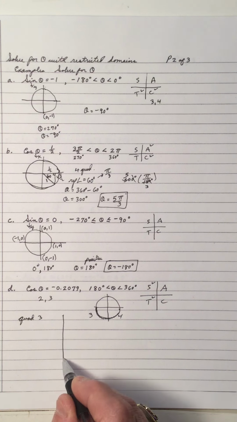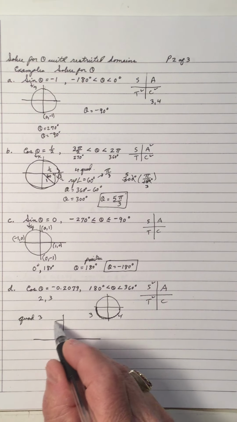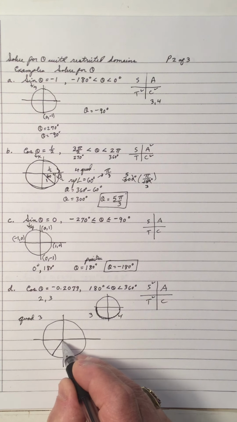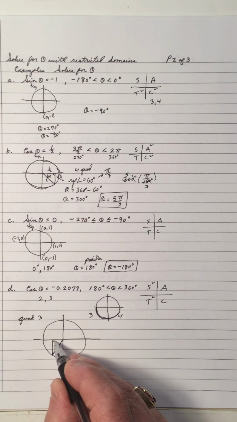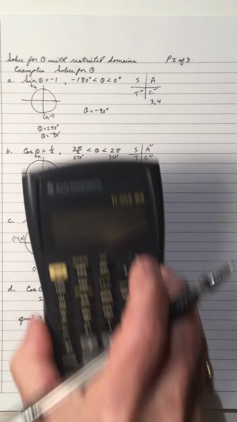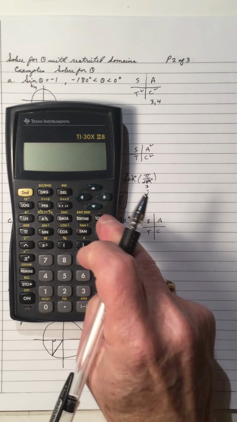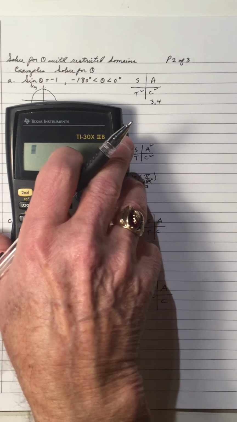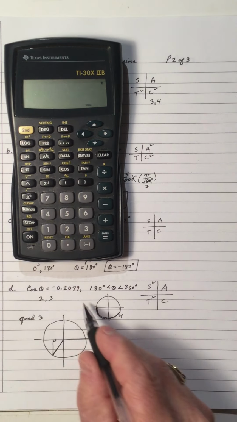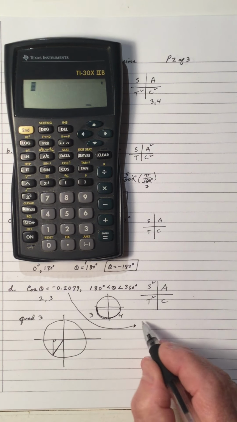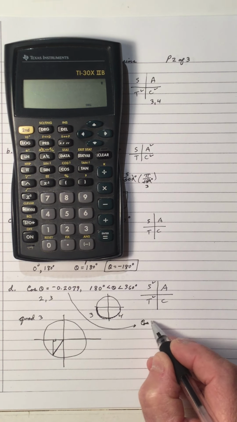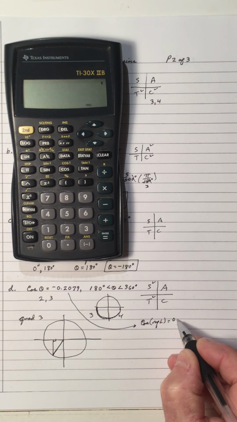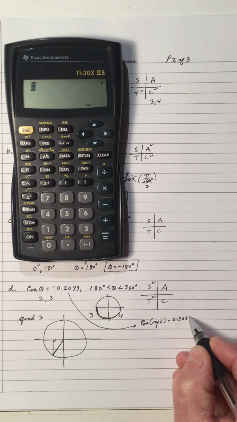So let's draw the circle, and we're in quadrant 3, right there. So we have to use our calculator now. Turn on the calculator, clear it. So I'm going to say cos of the reference angle is 0.2079.